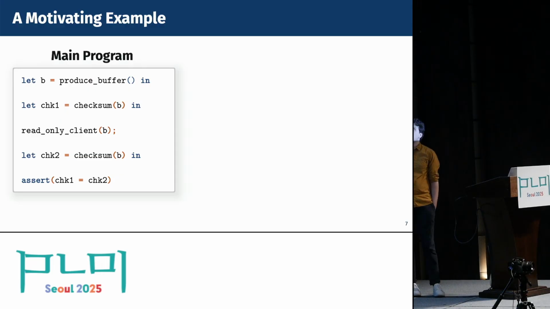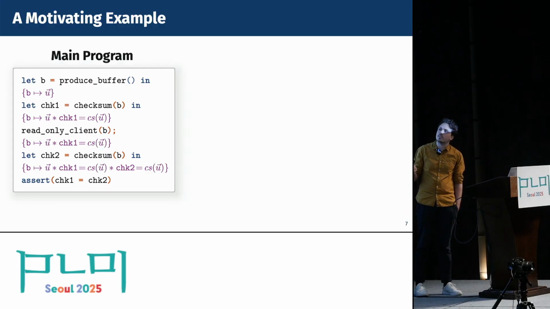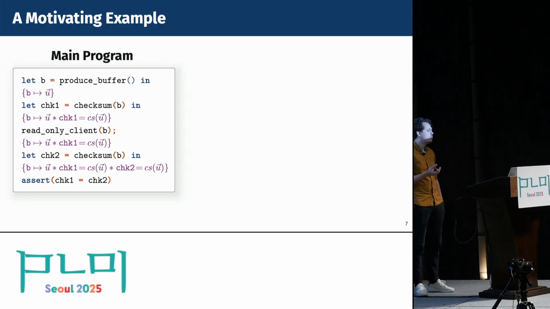Now, you can verify this example in separation logic, and this is what it would look like. After we produce the buffer, we get a points-to for the buffer contents, as let's say a list of integers u. And then we compute the checksum. And we need to remember something about check1 now to do the rest of the verification.